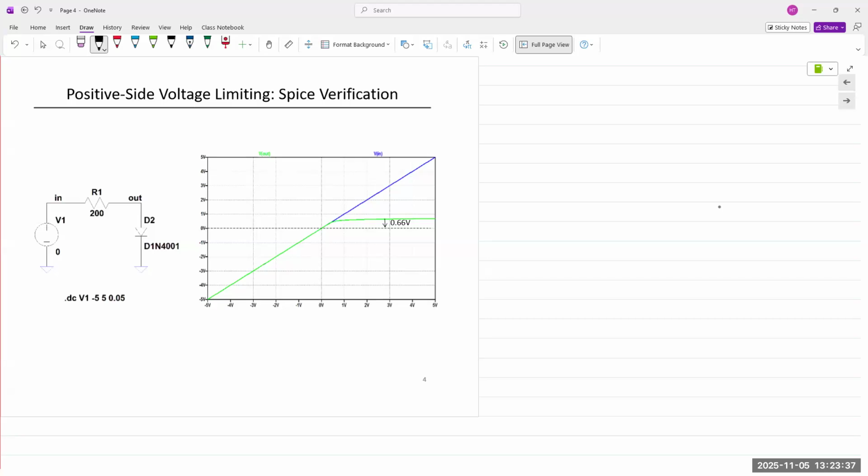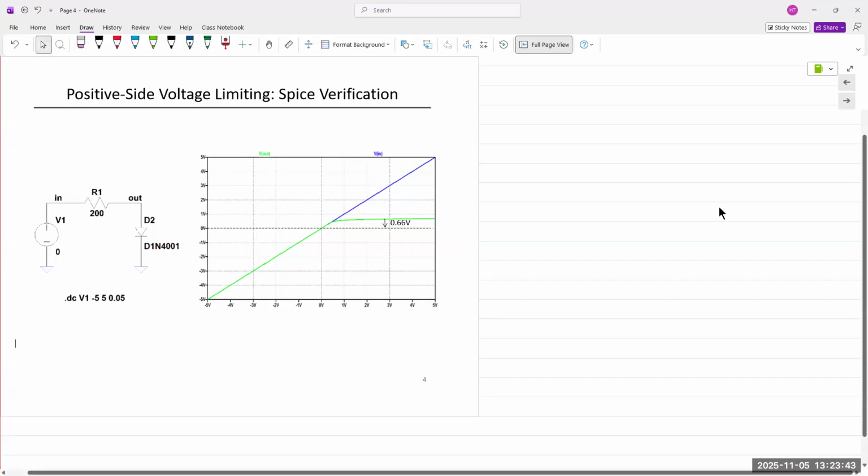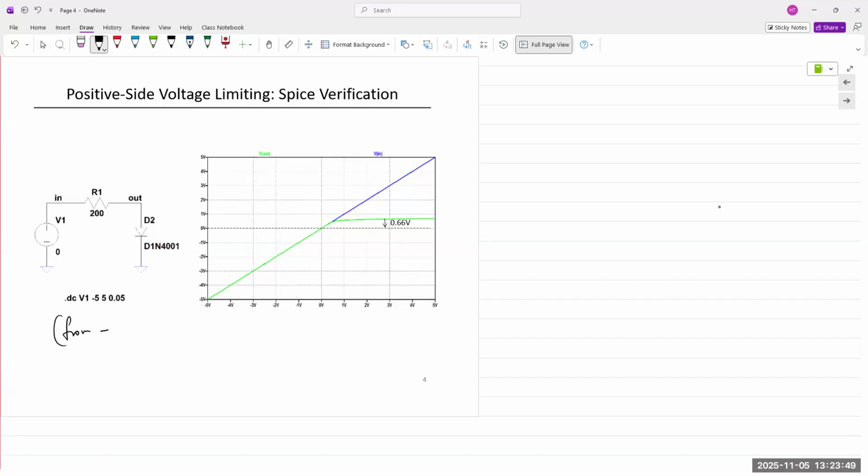This is simply the LTSpice simulation. We are applying a voltage V in, simulating from -5 volts to +5 volts. You can enter your own values if you wish, like -10 to +10, or -1 to +1.